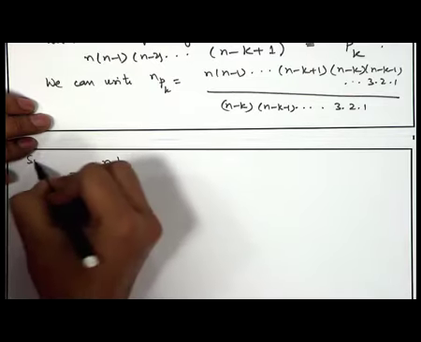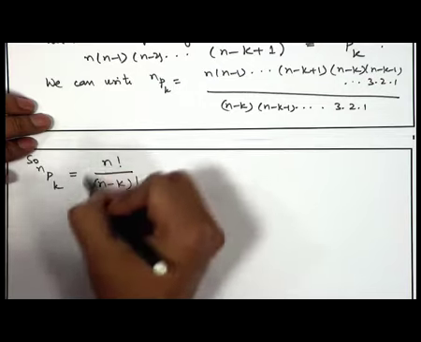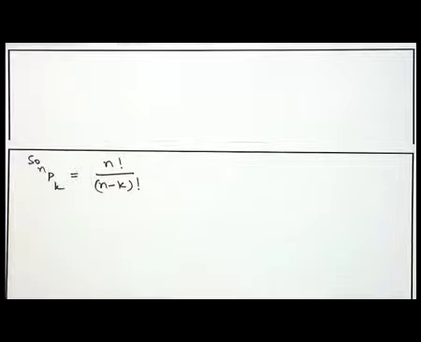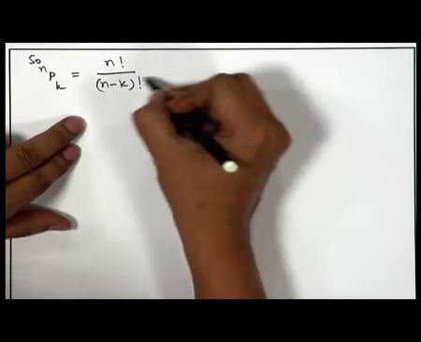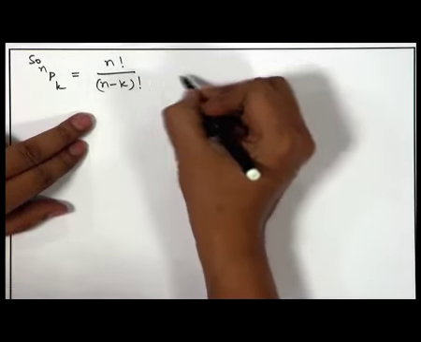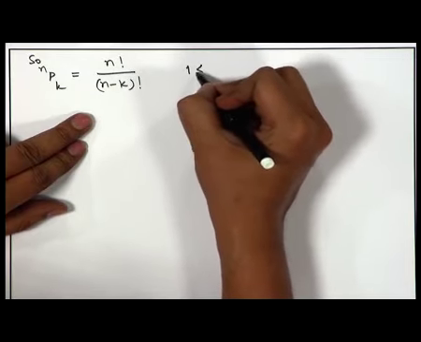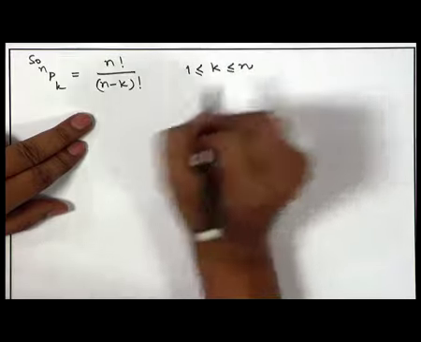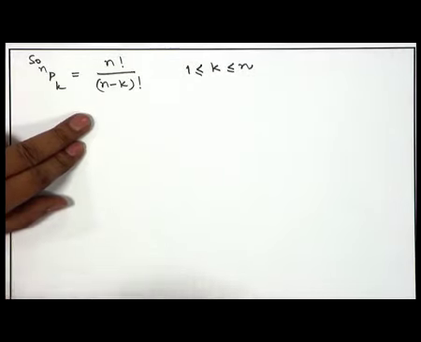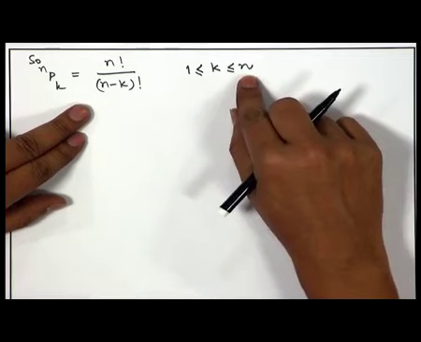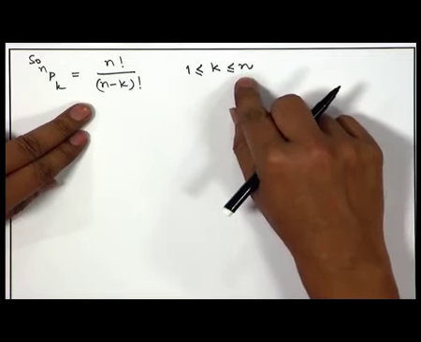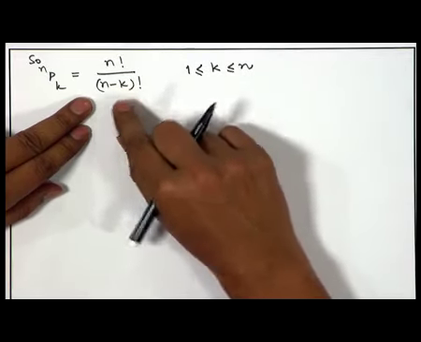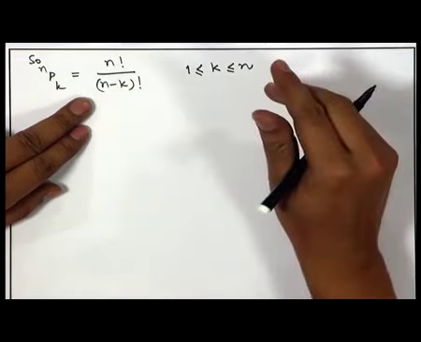So, nPk has an alternative expression, n factorial divided by n minus k factorial. In order that this is well defined, you should have 1 less than or equal to k less than or equal to n. It makes sense to have n also included here. That means, if you choose all n, then how many such things will be there? It will become n factorial.